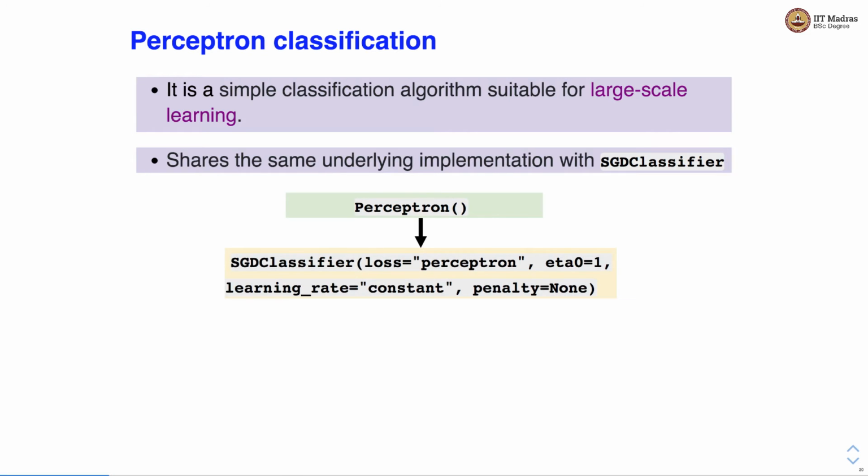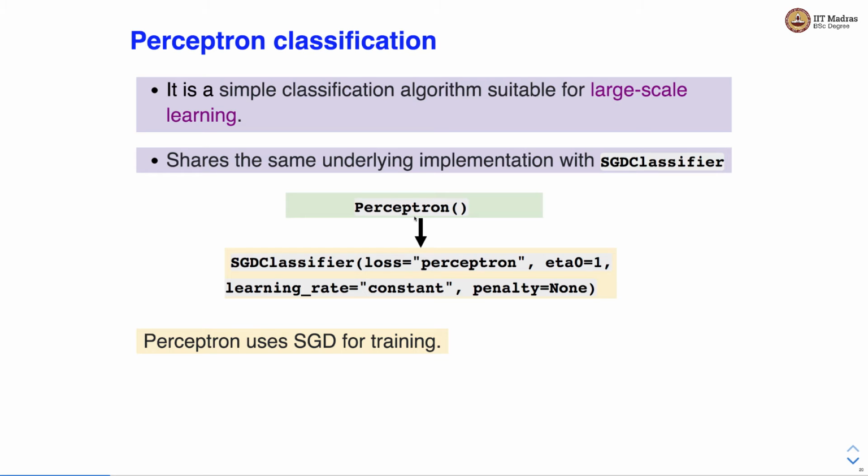So we can also implement Perceptron with SGDClassifier by setting the loss to perceptron, setting the initial value of the learning rate to 1, and learning rate equal to constant, and without setting any penalty. Perceptron uses SGD for training.